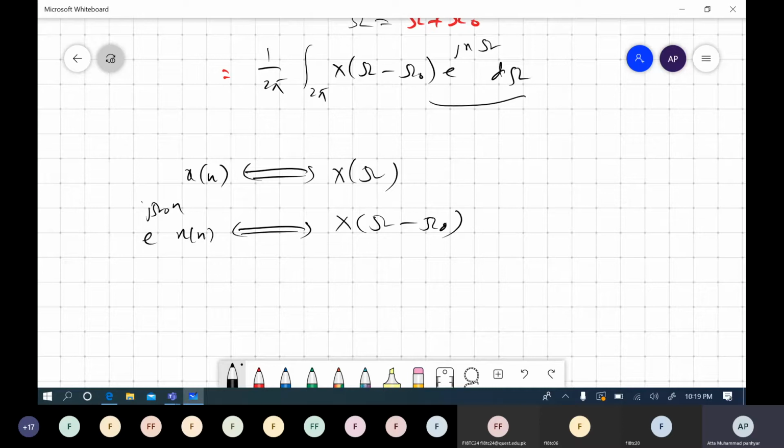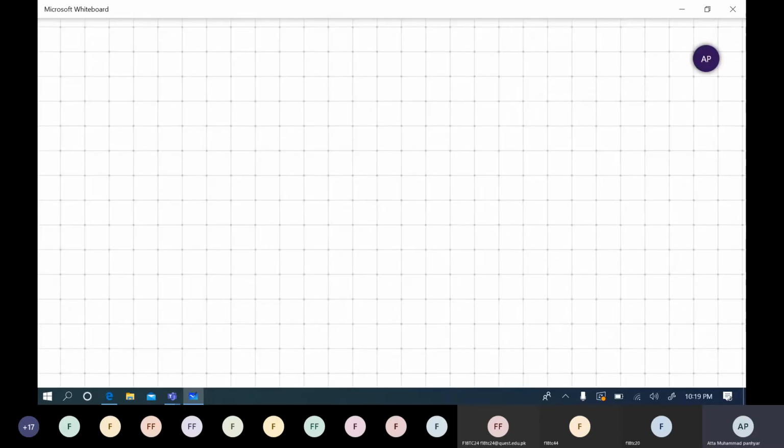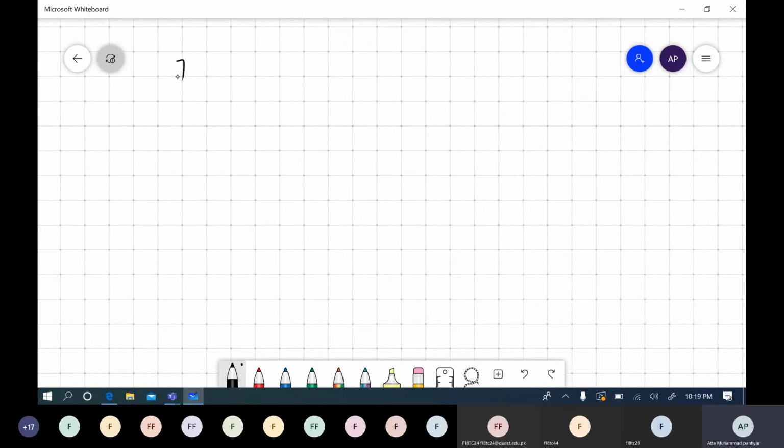Now another property is called the convolution property, and that is property number 7. This property is the same as we discussed in the continuous time Fourier transform, right? Convolution.